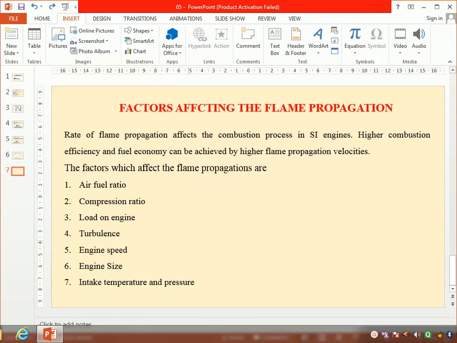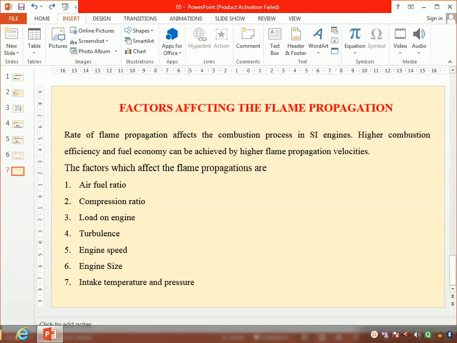At the same time, a too rich mixture is also not desirable, because it results in incomplete combustion, and it may cool or quench the flame in the process. So a slightly rich mixture is desirable for the higher flame speed.